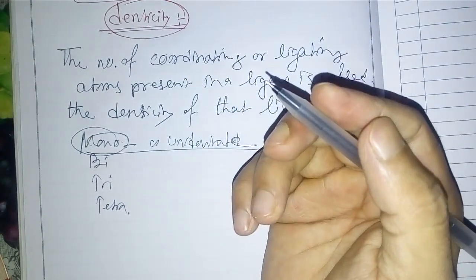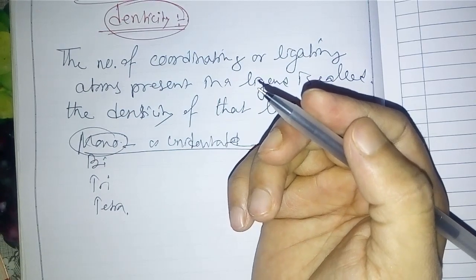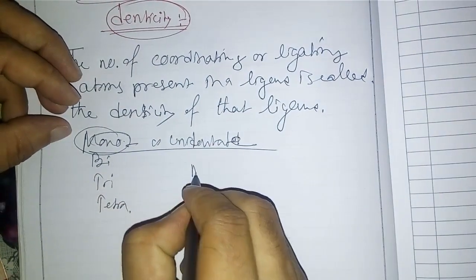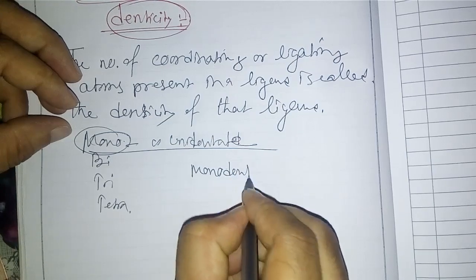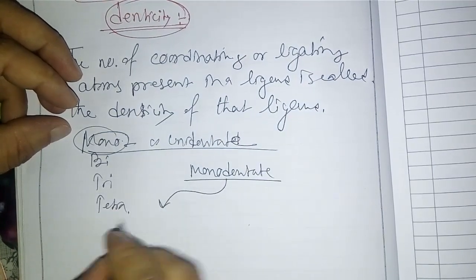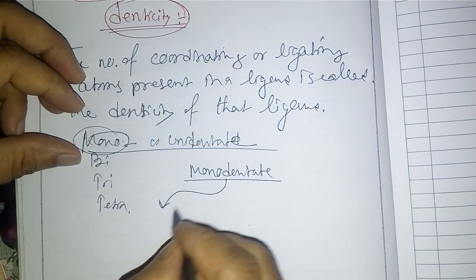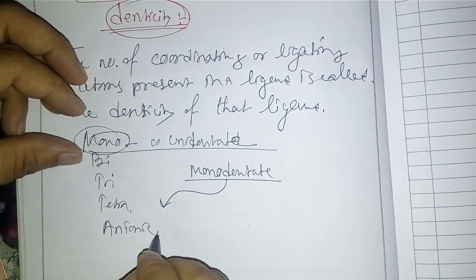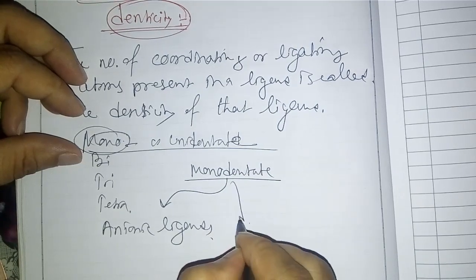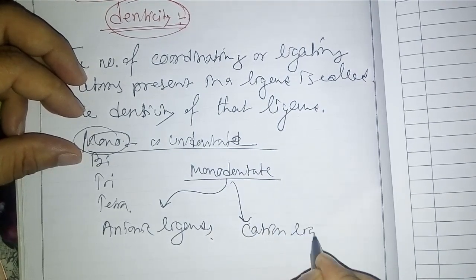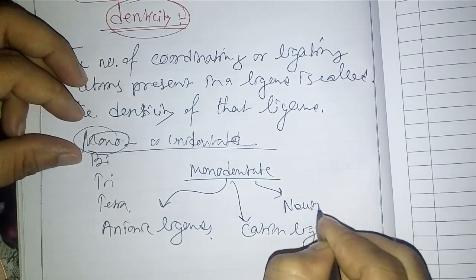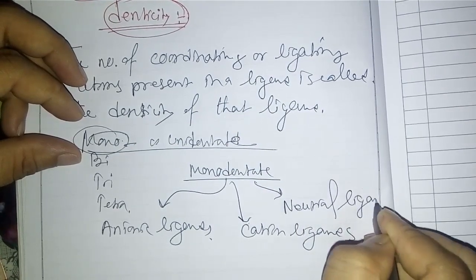Now the nature of monodentate ligands. There are three natures: one is anionic ligands, another is cationic ligands, and another one is neutral ligands.